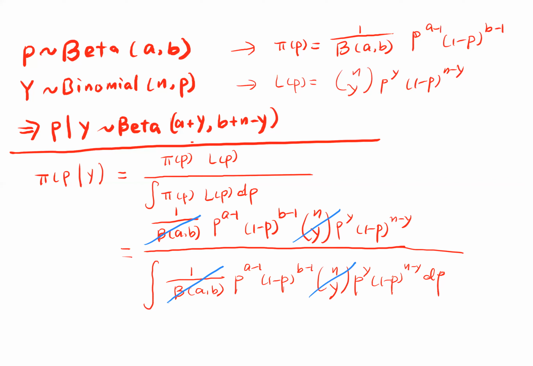So you come to the point that you have, hopefully you can see this, p to the power of a plus y minus 1, and 1 minus p to the power of b plus n minus y minus 1, that's in the numerator. In the denominator, you will have the integral of the same thing.